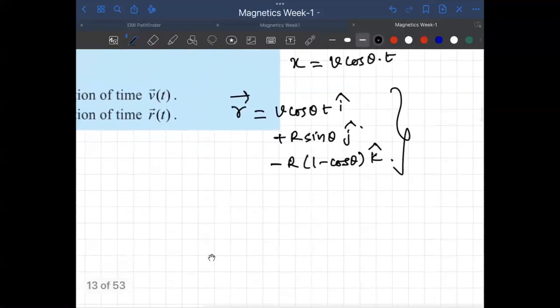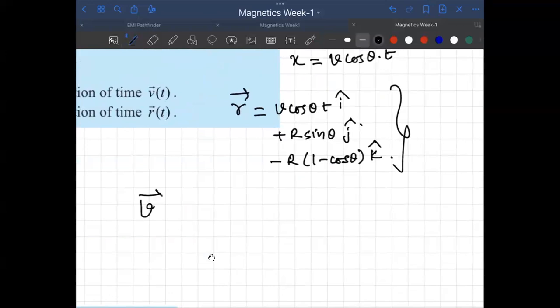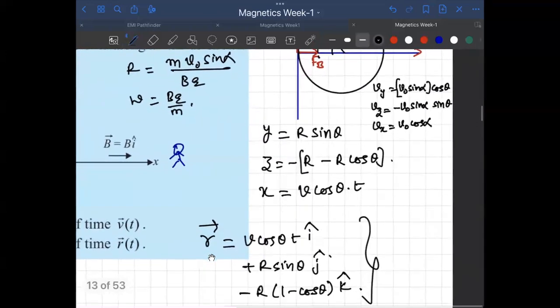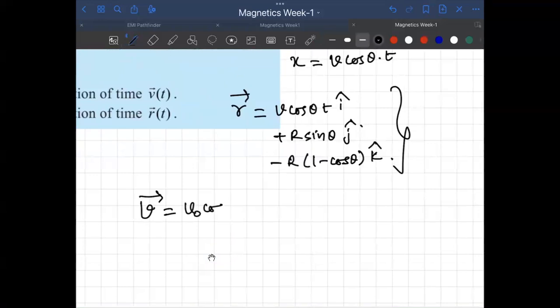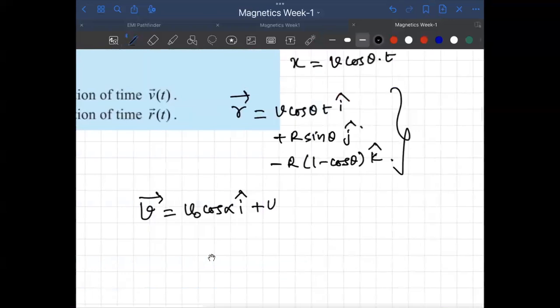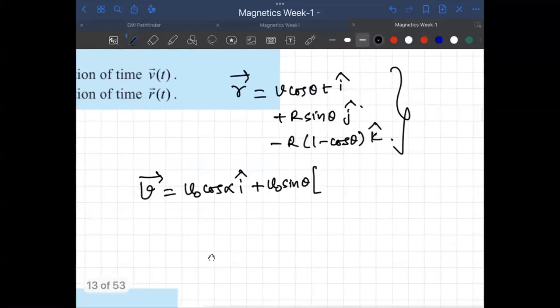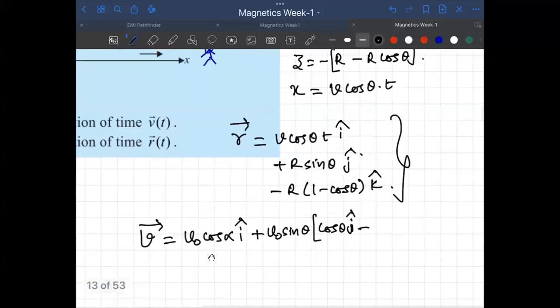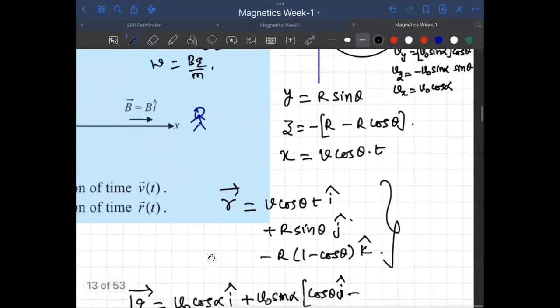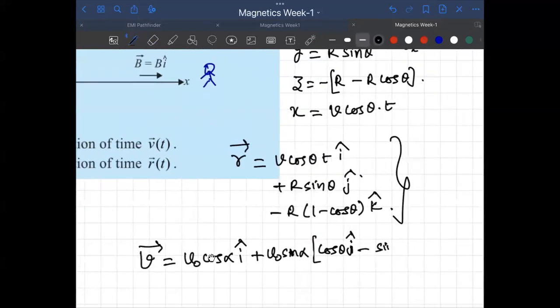So therefore, if you want the velocity term, V bar is V naught cos alpha i cap plus V naught sin alpha times cos theta j cap minus sin theta k cap.